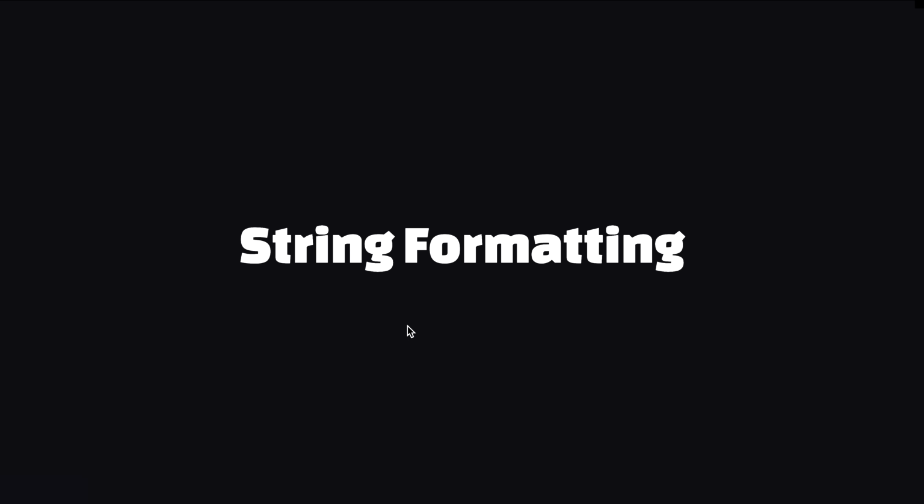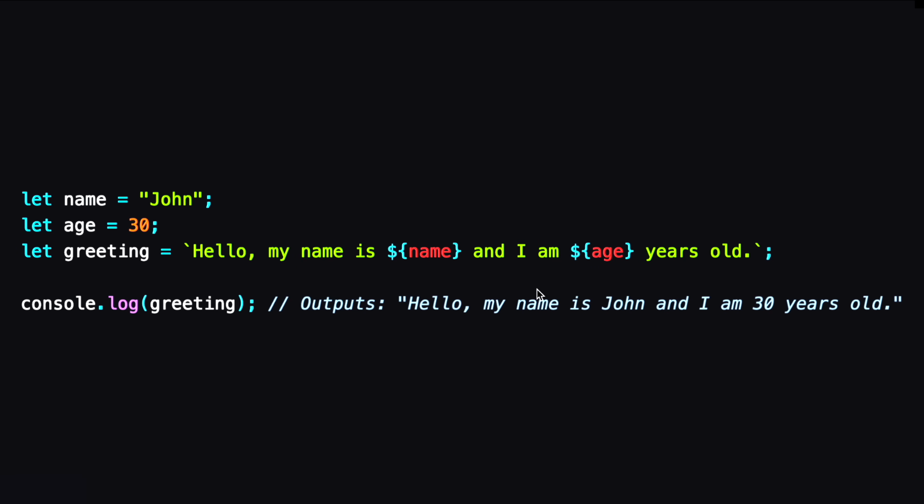Now let's talk about string formatting. So how can we format strings? We did see this a little bit already, but this is called a template literal. A template literal allows us to embed expressions and other parts of JavaScript within the string.